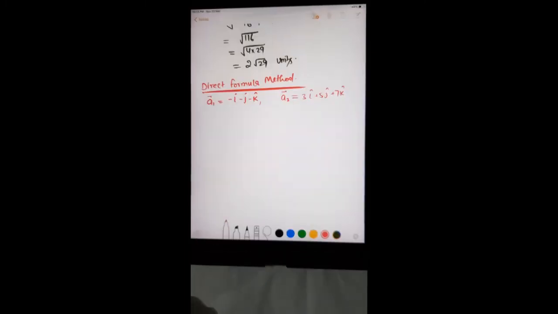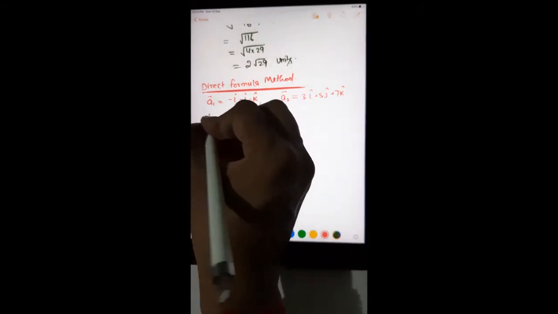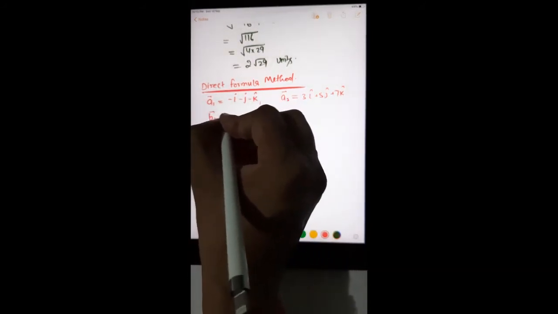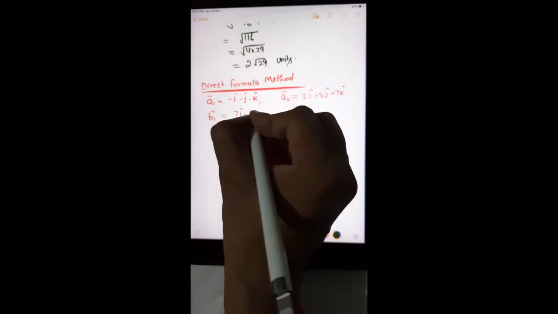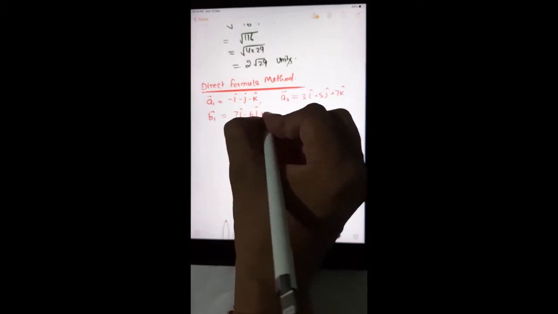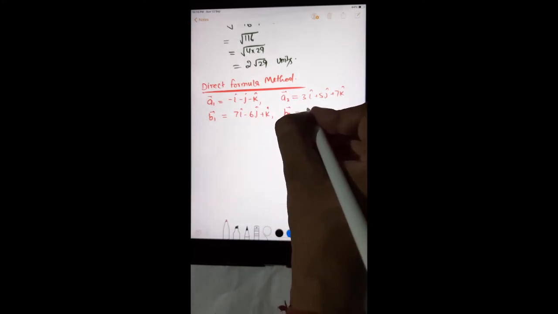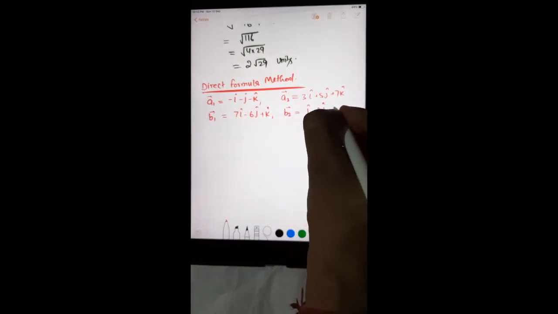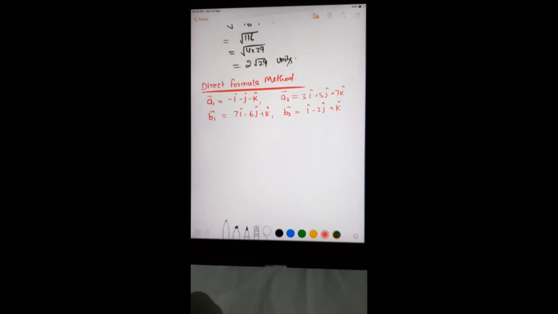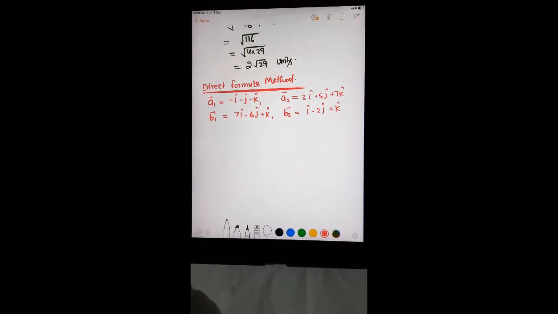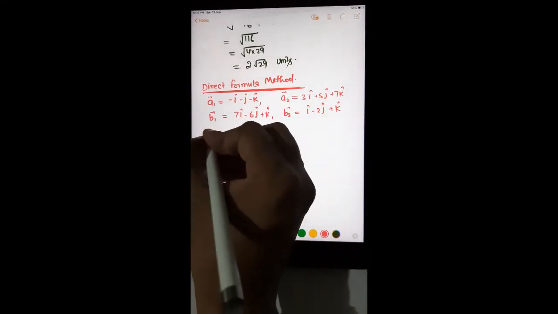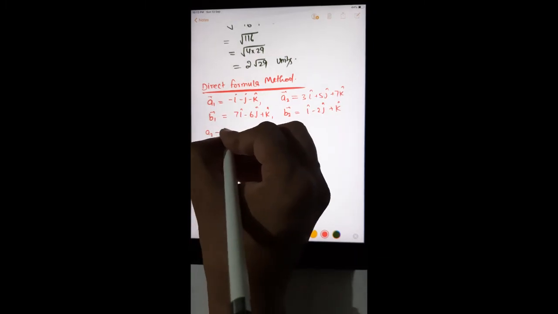Now the first line has direction ratios 7, minus 6 and 1, so it is parallel to the vector 7i minus 6j plus k, and the second line is parallel to the vector i minus 2j plus k, because the direction ratios of that line are 1, minus 2 and 1.